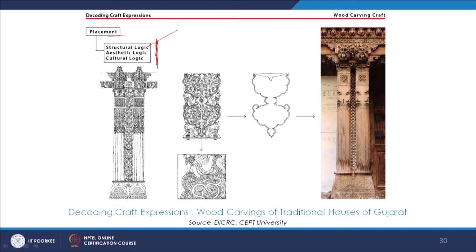Where does the structure play the most important role, when is it about aesthetics, and where is it only to do with culture, put up as a connotation to your culture and way of life and ethos. So all those different observations one would make based on these systems in place.